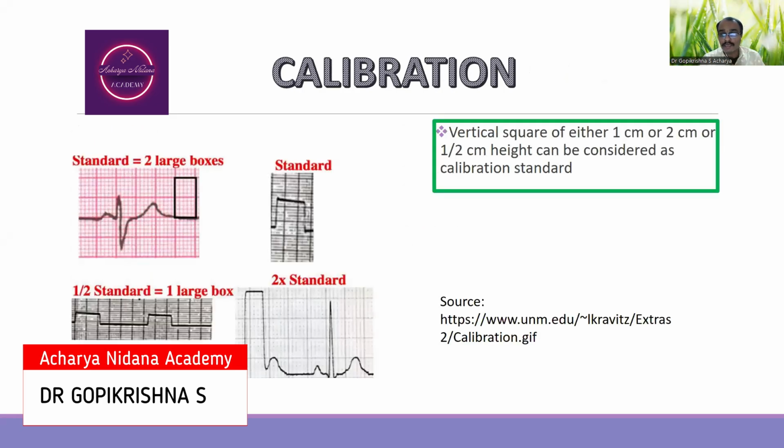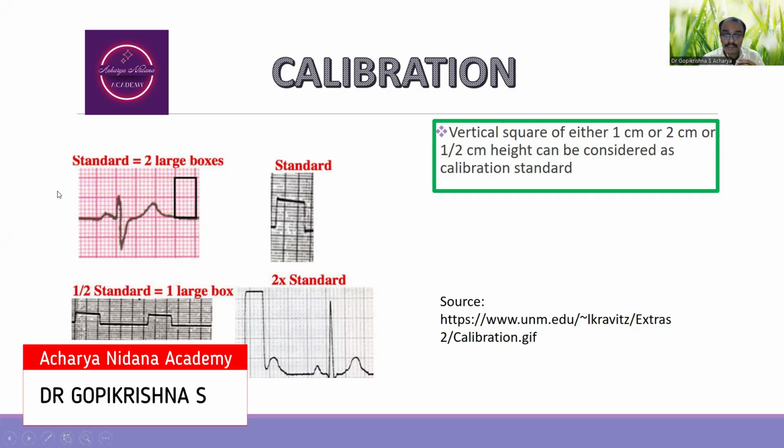When you think about the calibration, that is considered to be the two large boxes. They are considered to be standard. So whenever you see a rectangle with two large boxes, or 1 centimeter height, it is considered to be standard calibration. Calibration is standardized.